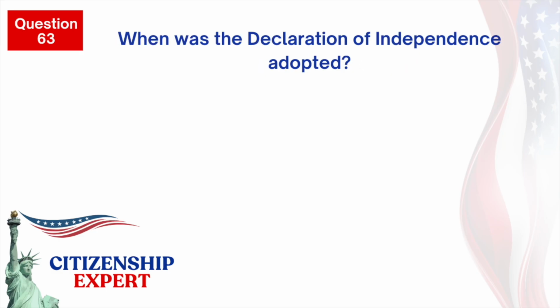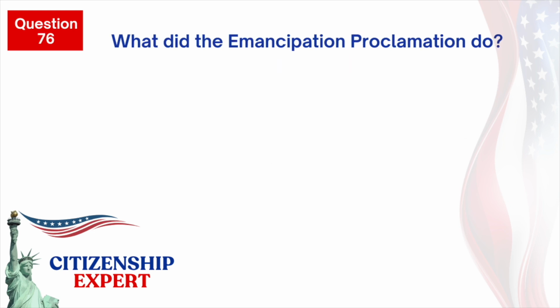When was the Declaration of Independence adopted? July 4, 1776. What did the Emancipation Proclamation do? Freed the slaves.